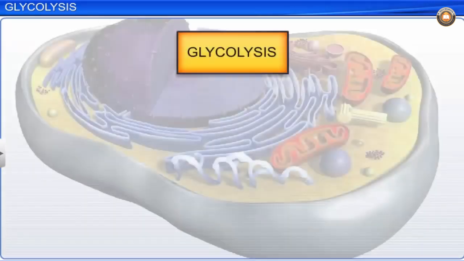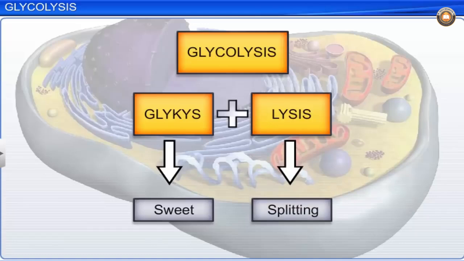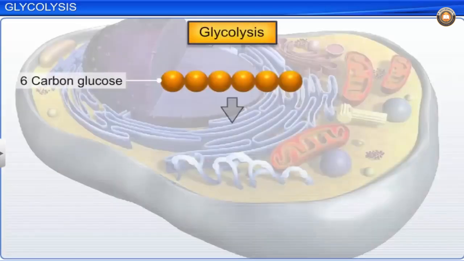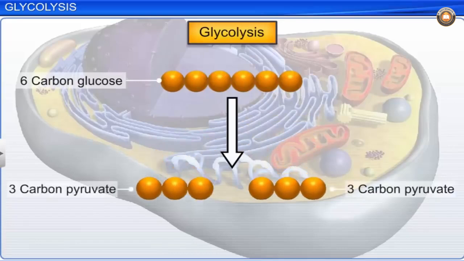The term glycolysis is derived from the Greek words glykis, meaning sweet, and lysis, meaning splitting. It involves the cellular degradation of glucose to pyruvate or pyruvic acid.